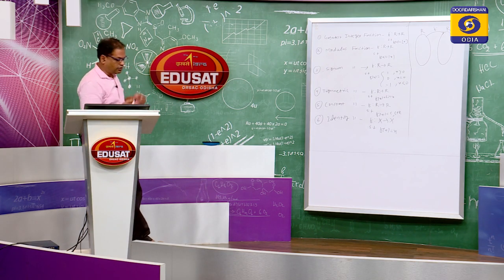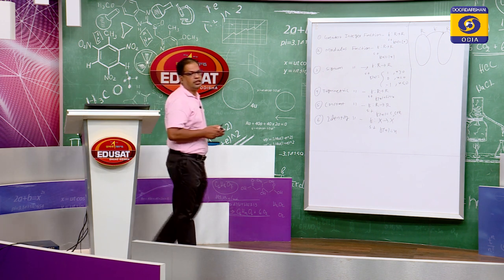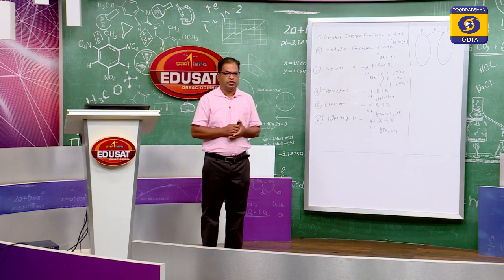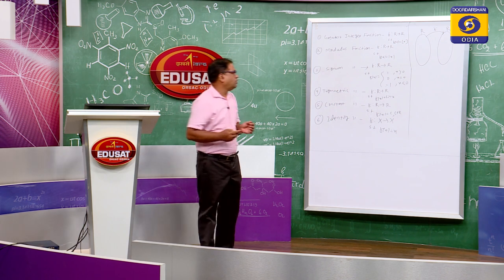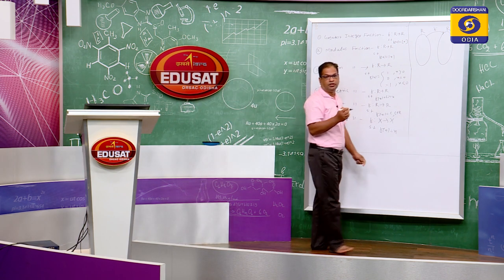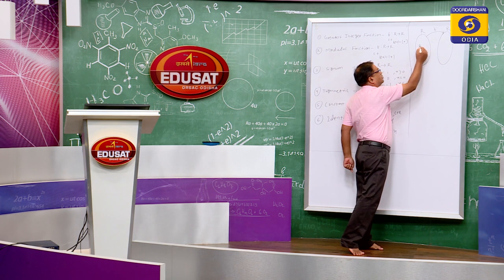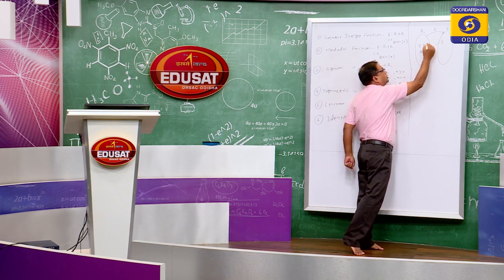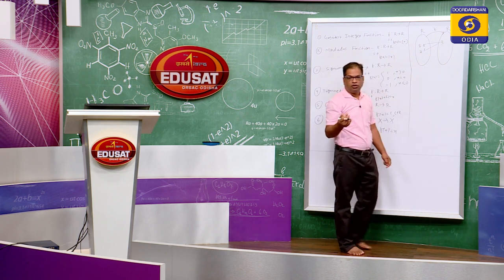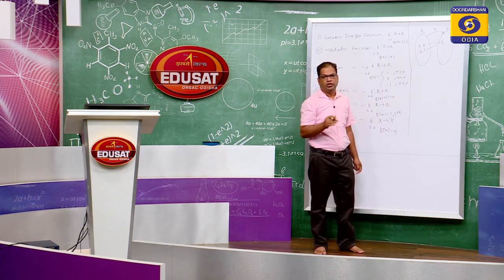So, what is the greatest integer function, or bracket function? The bracket value of 3.5 is 3, the bracket value of 3.1 is also 3, and 3.9 is also 3. So this is a many-one function. For a many-one function, one example is enough.